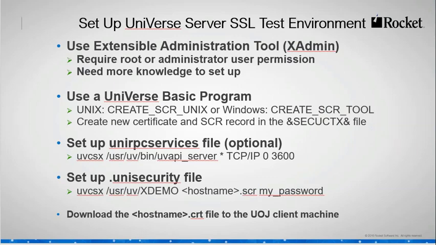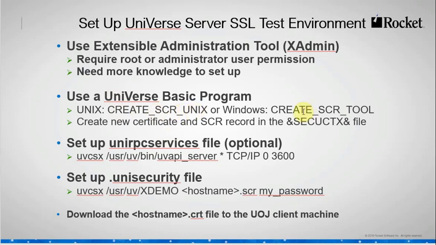On the server side, for my demo, we'll be using one UniVerse BASIC program to create the self-signed certificate and also create the SCR records. On Unix, the BASIC program is called CREATE_SCR_UNIX.